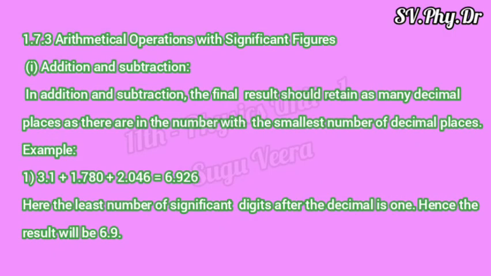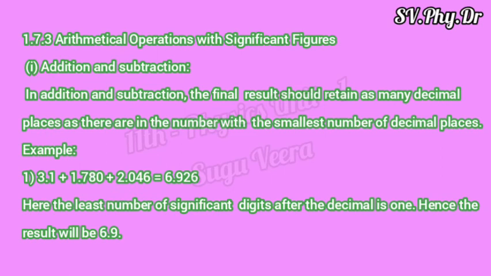Third subtopic, arithmetic operations with significant figures. It has 2 points. First one, addition and subtraction. In addition and subtraction, the final result should retain as many decimal places as there are in the number with the smallest number of decimal places.